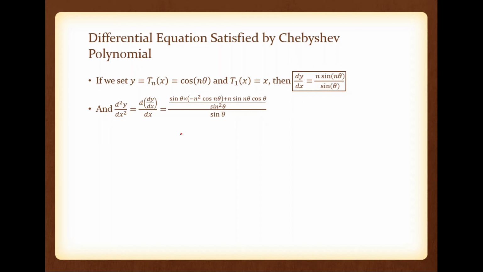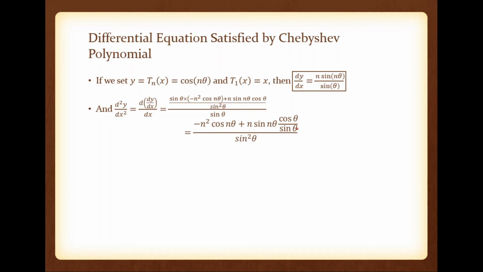Now I am going to do one thing. First, I am going to divide. Here I have sin theta, so this sin theta and this sin theta I can cancel. But in the second part there is no sin theta, so I take the second part as cos theta divided by sin theta.